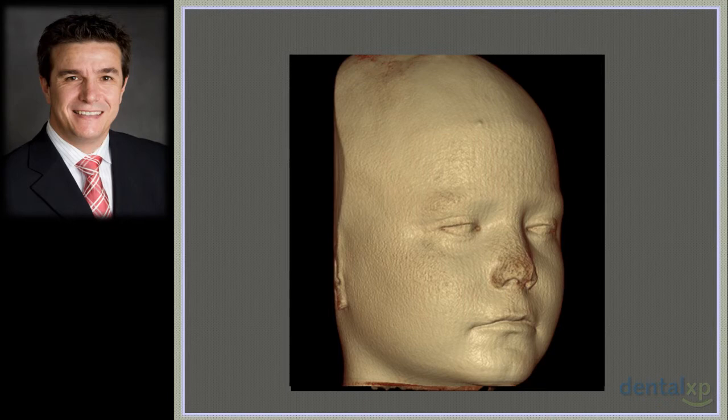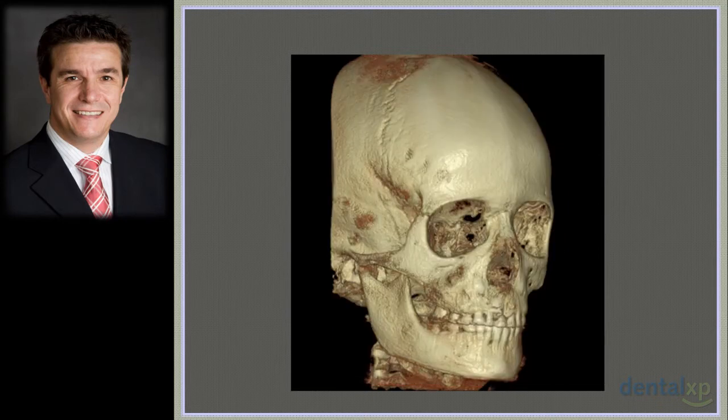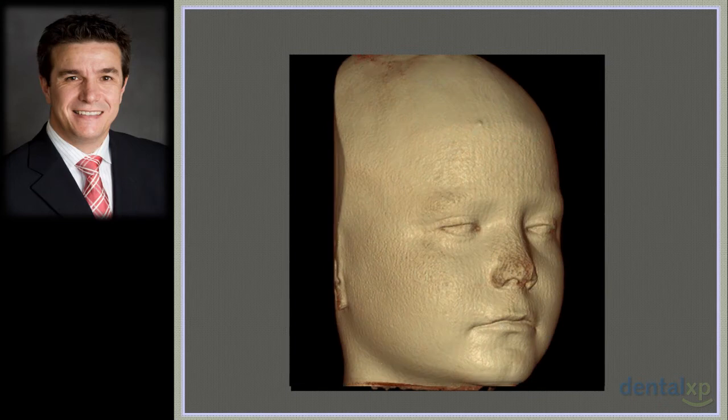In these two cases, all we did was ask the computer to illustrate only those voxels in our imaging volume which demonstrate a density similar to that of cortical bone, as in the previous image, or similar density to that of soft tissue, as we can see in this image here.